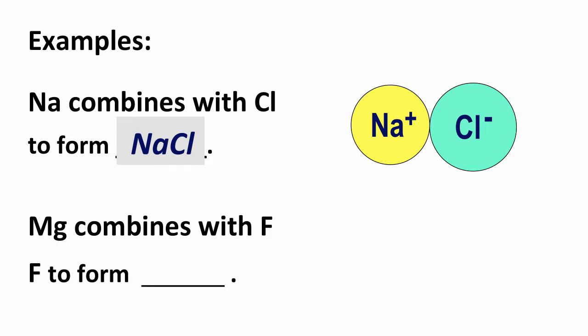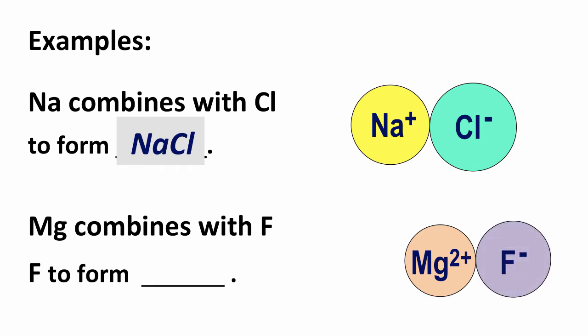Now, if we have a reaction between magnesium and fluorine, then we note that magnesium tends to form a +2 charged ion. It's an alkaline earth metal. It tends to lose 2 electrons. Fluorine is a halogen. It tends to gain 1 electron and make a -1 charged ion. +2 charged magnesium attracts -1 charged fluorine. That's the ionic bond.